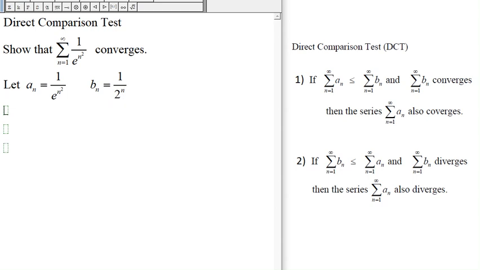We want to use this because we know that e, again, e is approximately 2.71828. So this is e to the n squared. This is greater than 2 to the n.